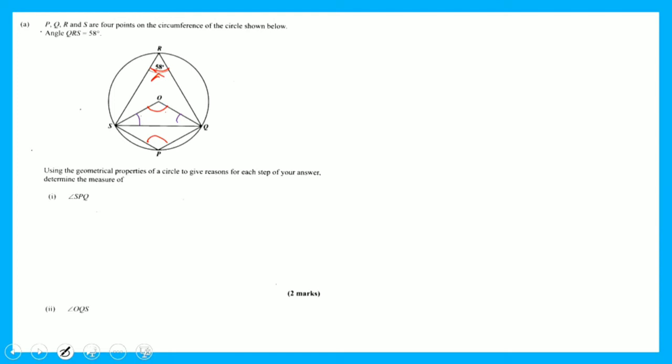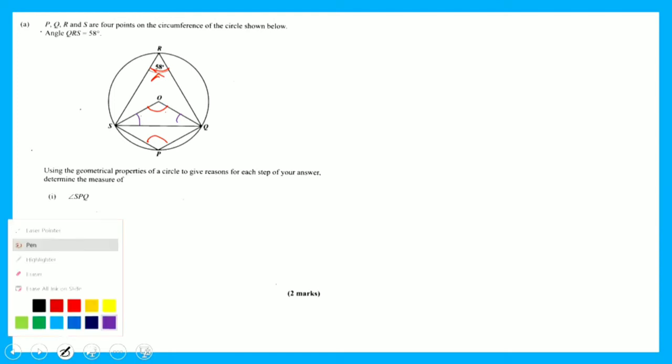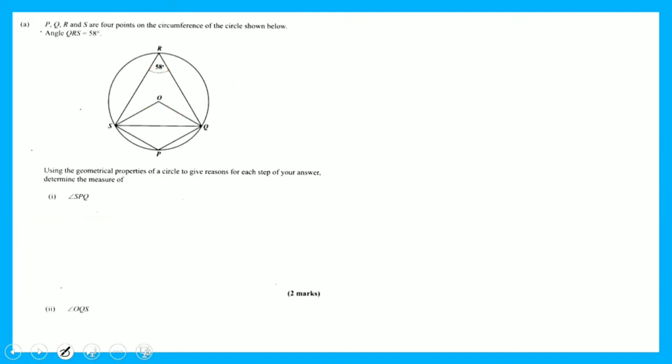So sometimes it says give reasons, sometimes it says give reasons for each step. All right, SPQ, so said, so done. So get into the frame of mind where you can pick up what they're going to ask before the question is even asked. SPQ is right here. And we know opposite angles in a cyclic quadrilateral are supplementary, or you say they add up to 180 degrees.